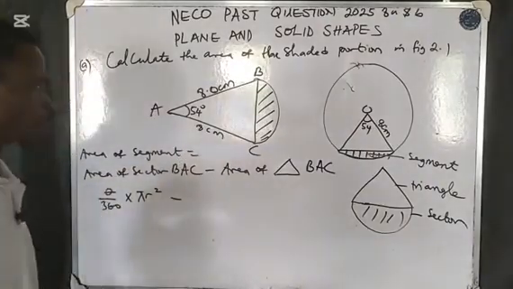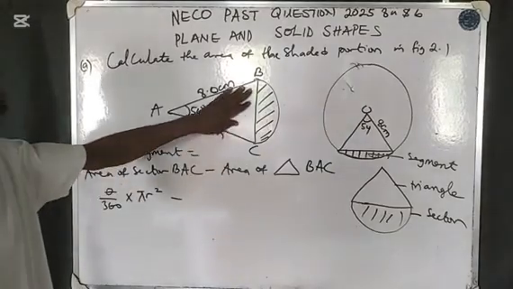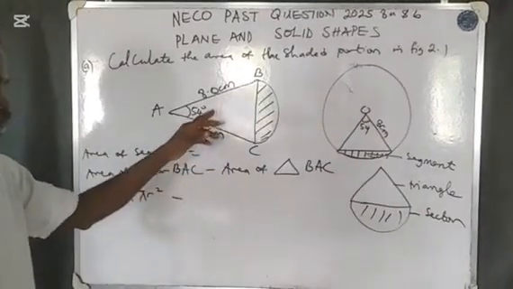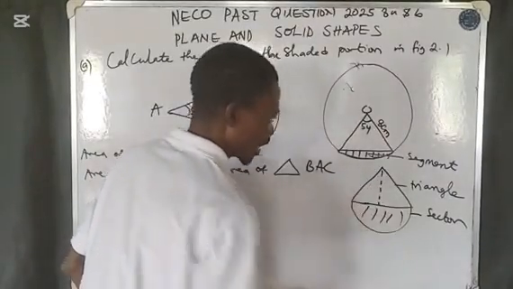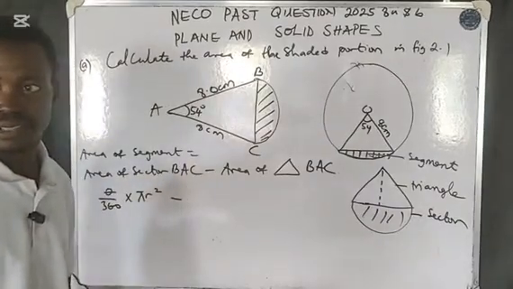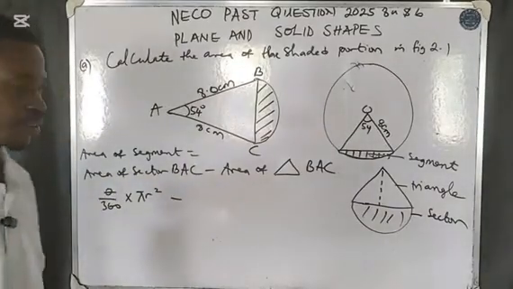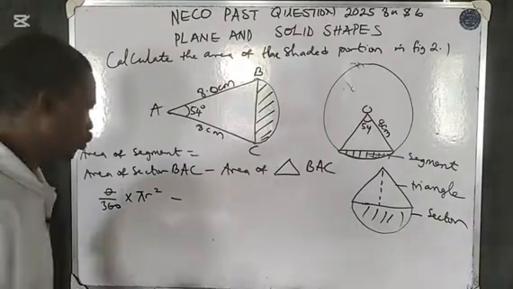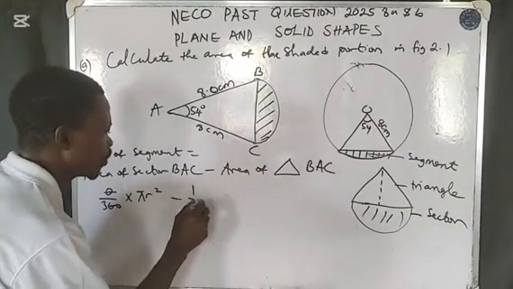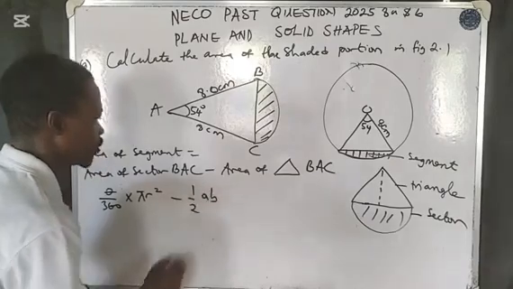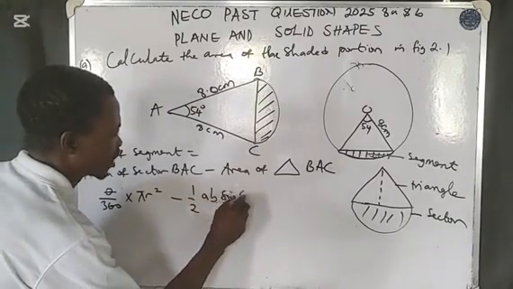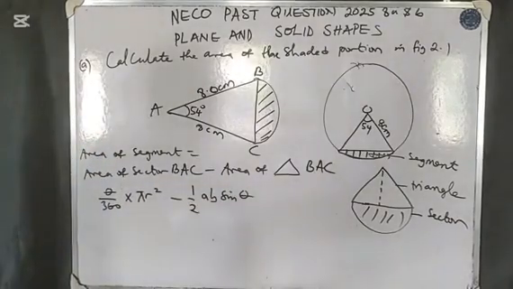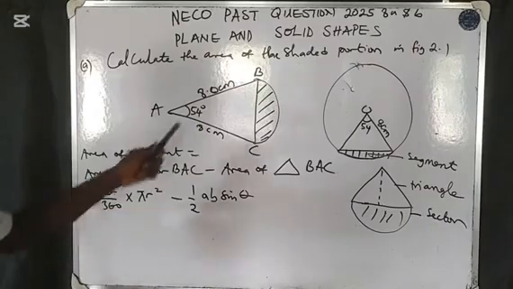There's a formula that has to do with finding the area of a triangle like this. You don't know the height, so you can't use half base times height. So use 1 over 2 AB sine of the angle given.